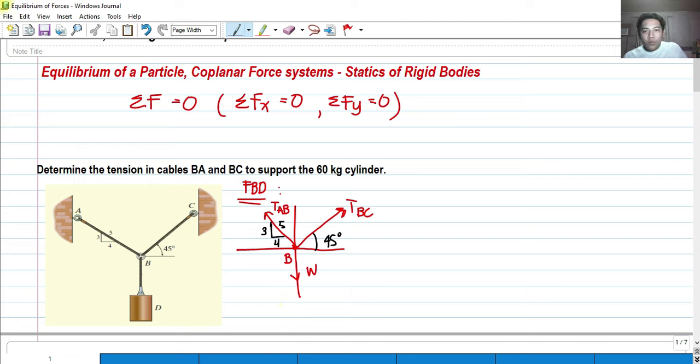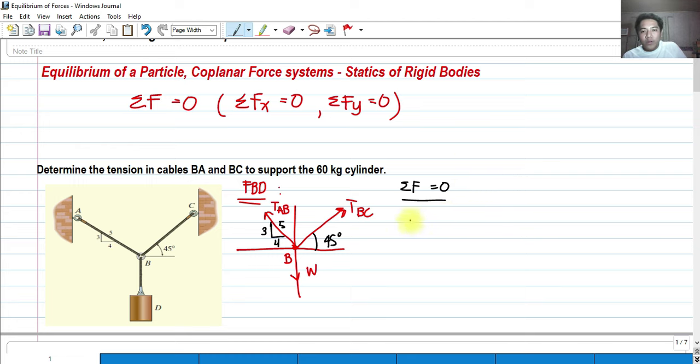Again, we should meet the condition for equilibrium, which is that the summation of forces should equal zero. And we all know that these tension forces are not purely along x and y. Hence, we are going to get the components of tension BC and tension AB in terms of x and y.